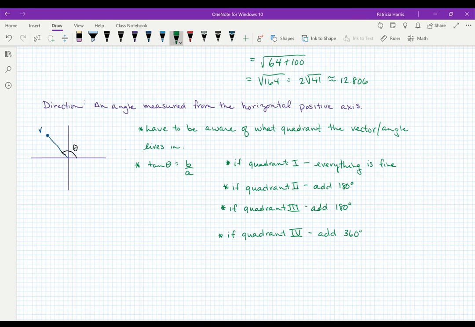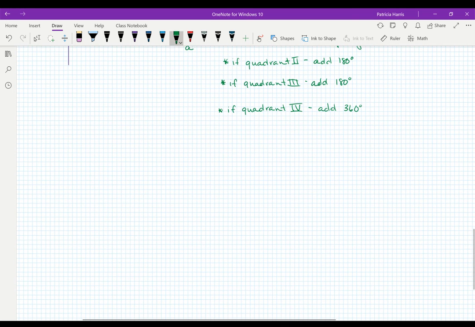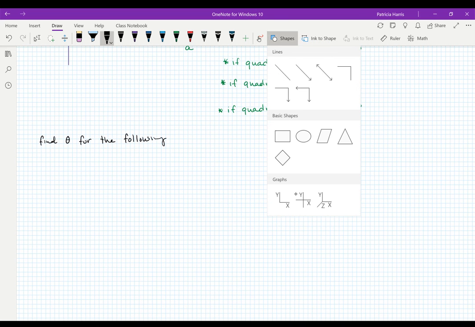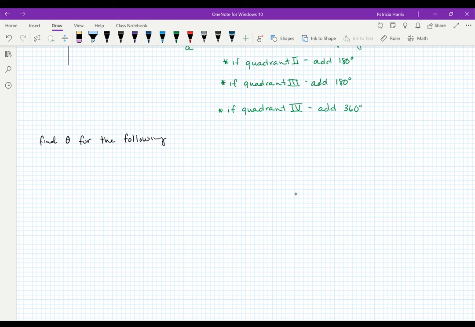Okay, so let's try this out. Let's find some direction angles. Remember, your theta is measured in a counterclockwise direction from your horizontal axis.